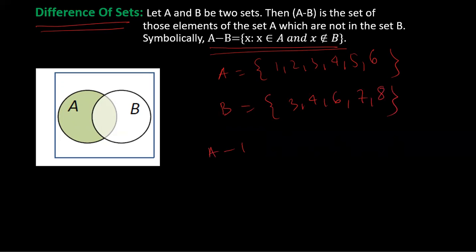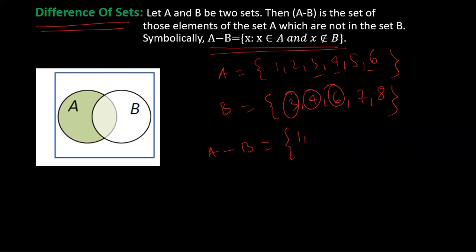So A minus B will take the elements in A but not in B. That means we should eliminate from A the elements common with B. That is 3 and 4 are common elements, and also 6. The elements 3, 4, 6 we should subtract from A and write the rest in set form.